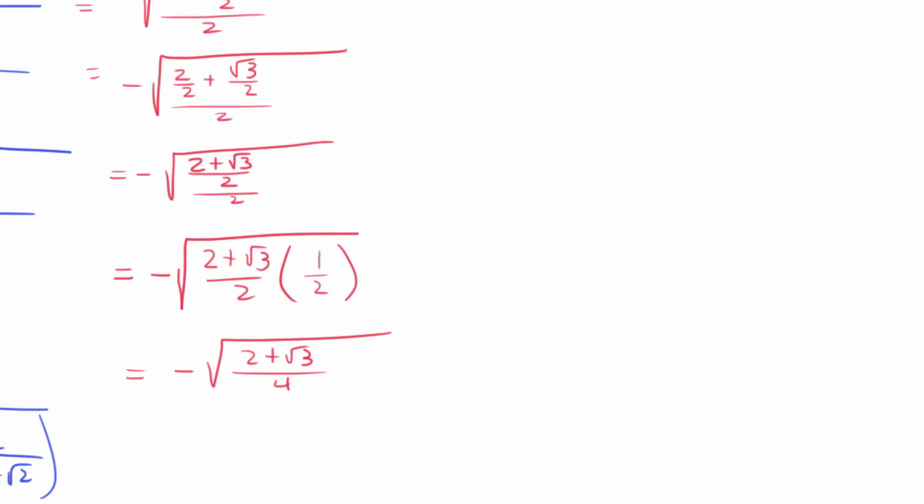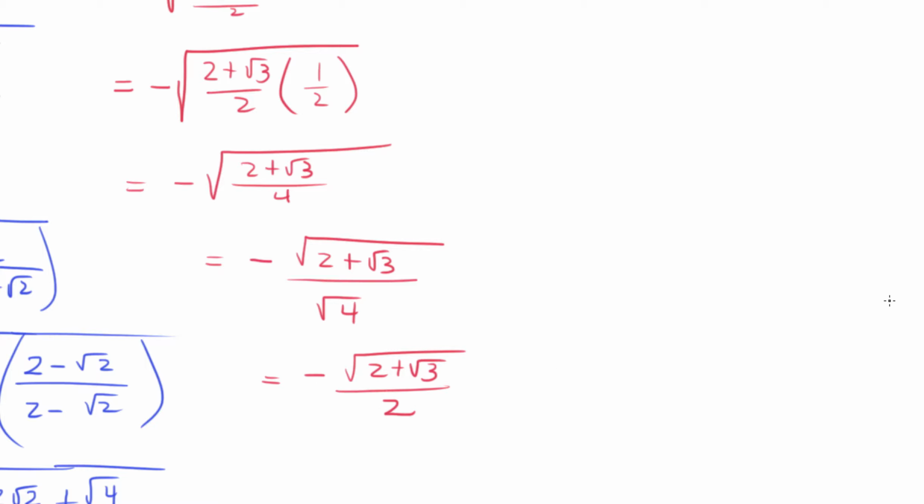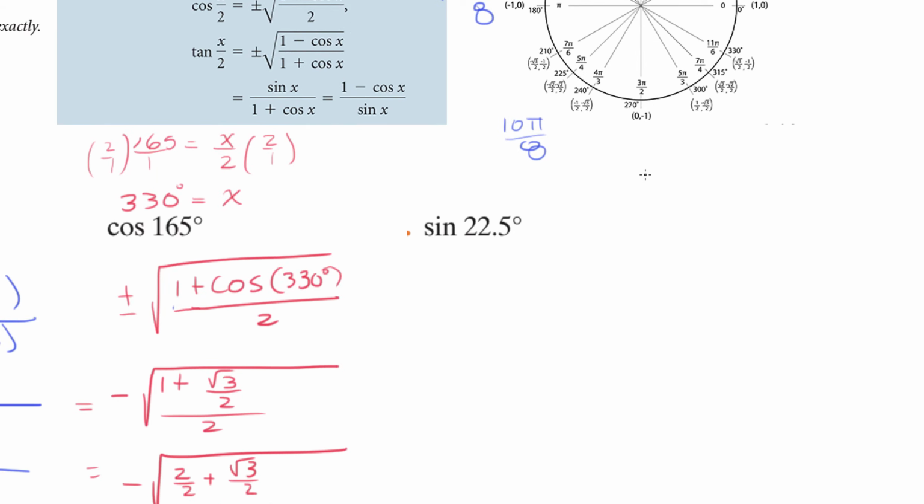Now by properties of radicals, you can split it into two divisions. So it's negative radical of 2 plus radical 3 over the radical of 4, which gives you negative radical of 2 plus radical 3 over 2. And that's your answer.